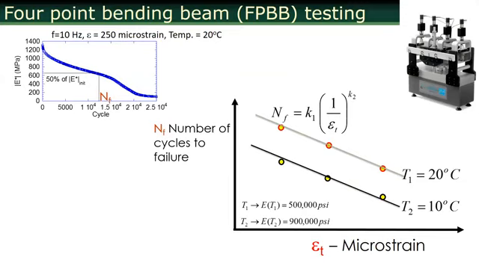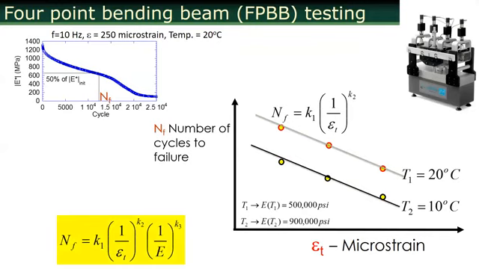Let's say the initial modulus for the other temperature was 900,000 psi before we started breaking the sample. So in order to consider this shift in the curve down, we use the modulus, 1 over E to the power K3. If you use 500,000 here for E, you will get this line. If you use 900,000 here, you would get this line.